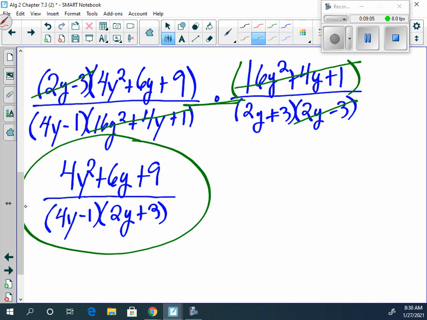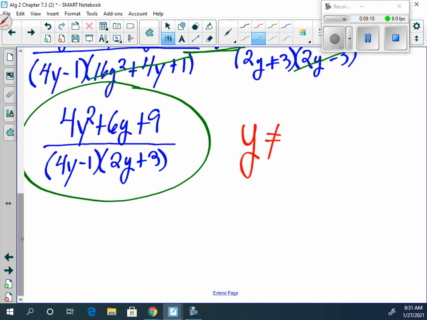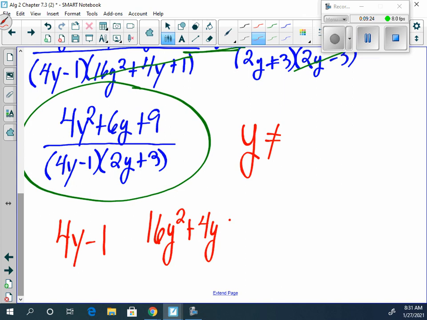So what else do we have left to do? Find our restrictions. Find our y's. Now we can look at the denominators because we have our 4y minus 1 we'll have to look at. We have the 16y squared plus 4y plus 1, 2y plus 3 and 2y minus 3.